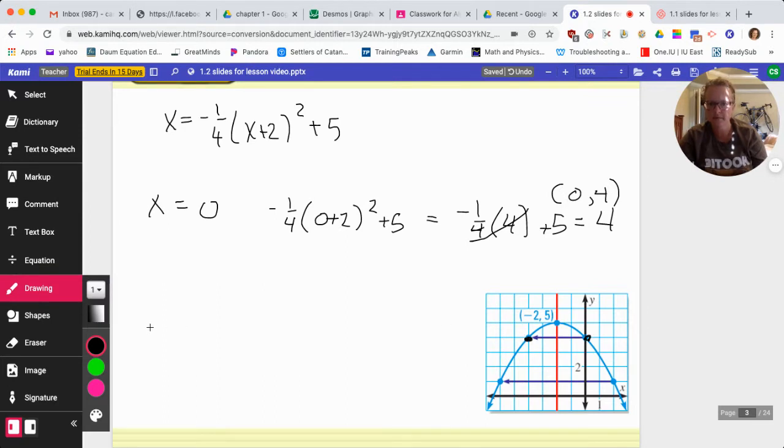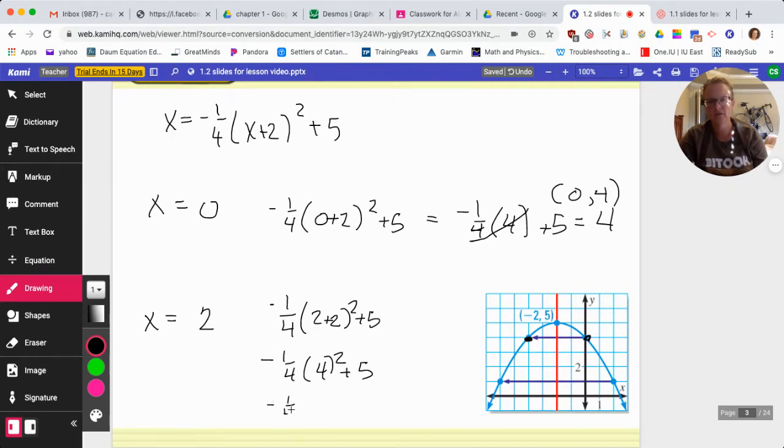Now let's do another one. Let's try x equals 2. We've got a 1/4 out in front, so I'd like to keep everything so I can do easy math. So now we have negative 1/4 times 2 plus 2 squared plus 5. 4 squared is 16.